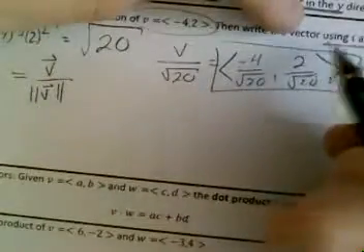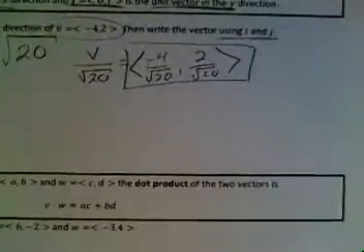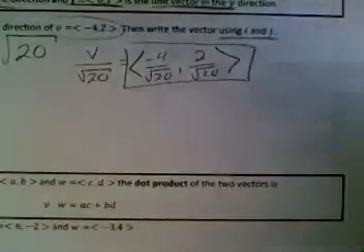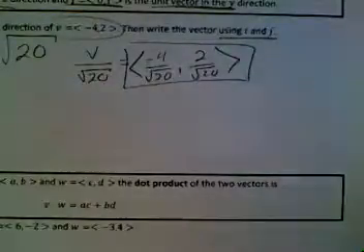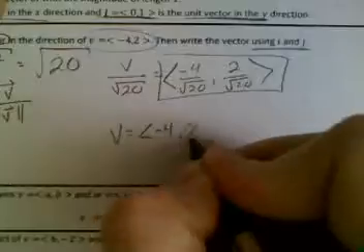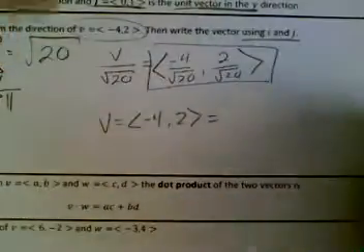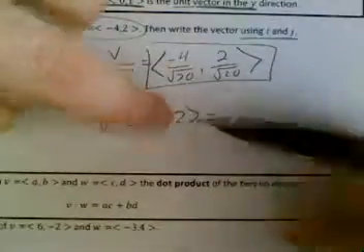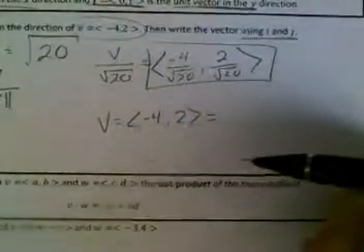It says then write the vector using i and j. Now, there are two different ways I can do this. What I'm going to do is write the original vector using i and j. v is equal to this vector, negative 4 comma 2. The notation using i and j is: I have negative 4 in the x direction, 2 in the y direction.